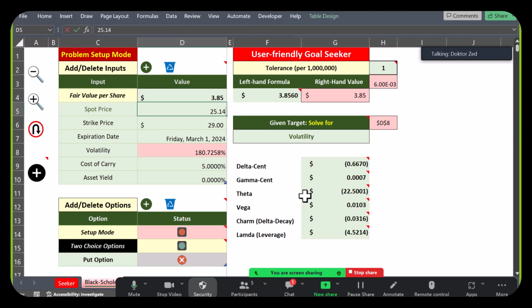25.14. Look at what happened to delta. It went from 67 cents to 73 cents. That means if I shorted just 67 shares, basically I'm not covered fully. I still need 6. The trouble is now I'm going to short those 6 extra shares at a lower price.